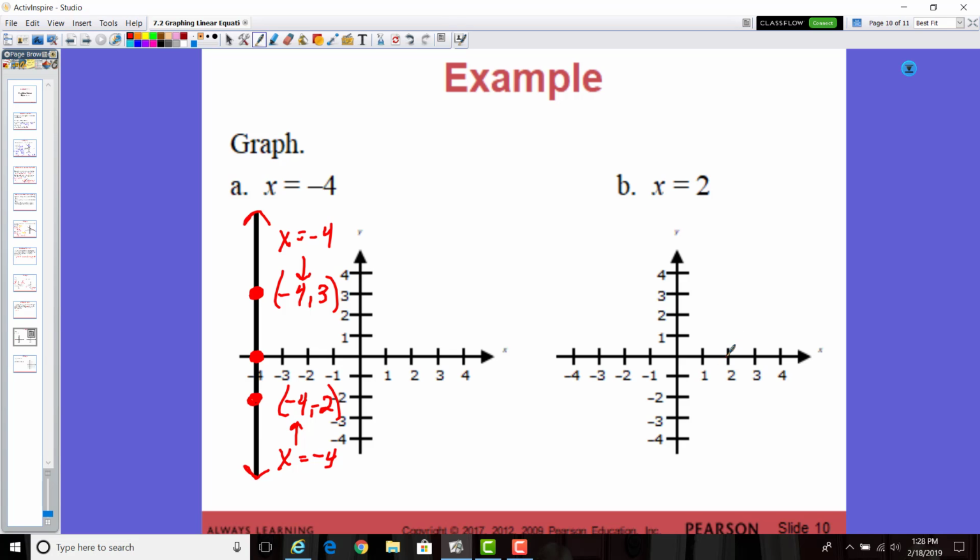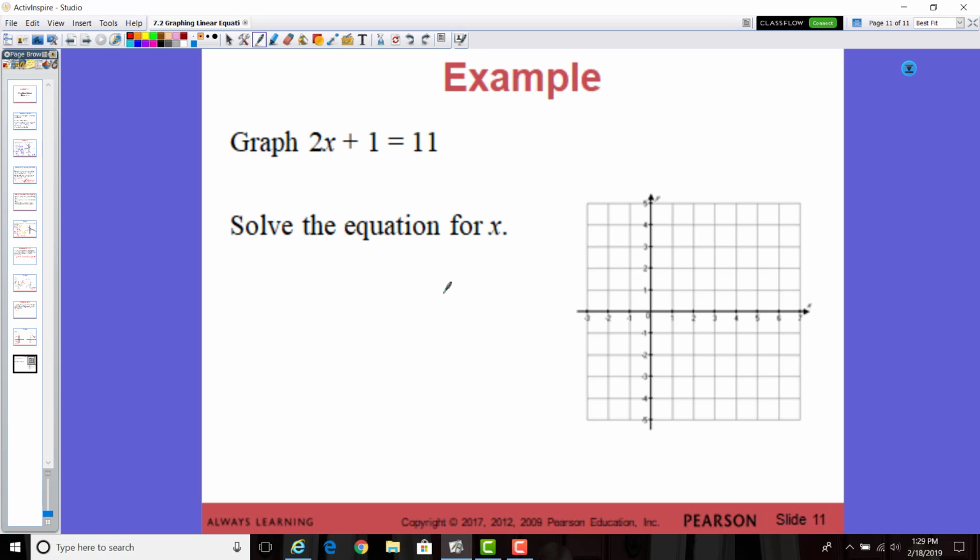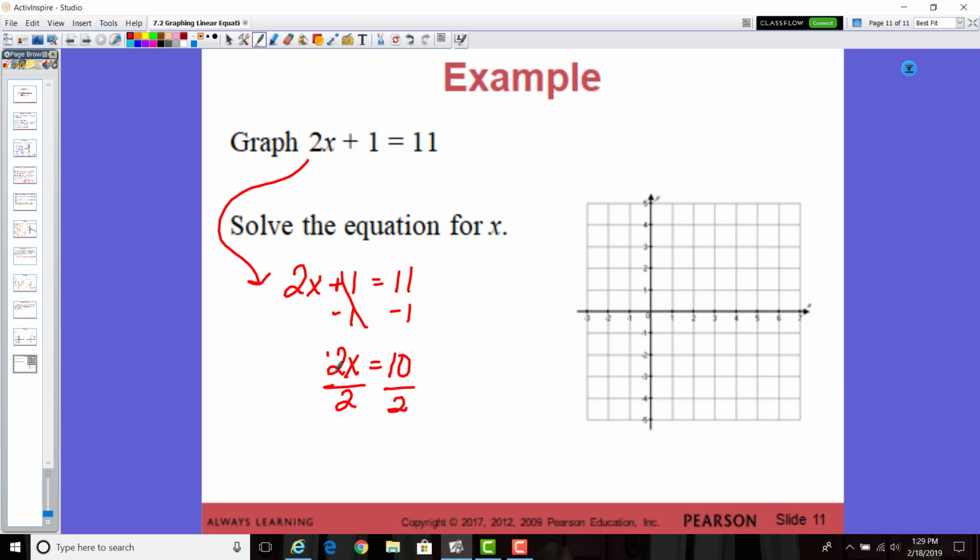And over here, if x equals 2, here's x equals 2. Try that as neatly as I can. Here's a vertical line where every point on that line has an x value of 2. So solve this equation for x. Okay, this is an equation that if I solve it for x by using my inverse operations, I can subtract 1. 2x will equal 10, and when I divide by 2, x equals 5.